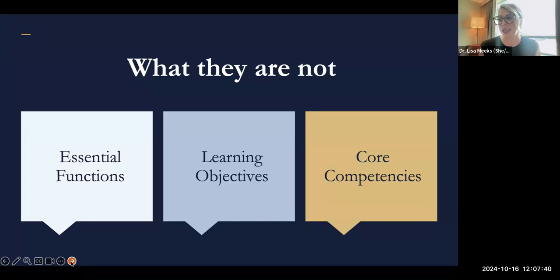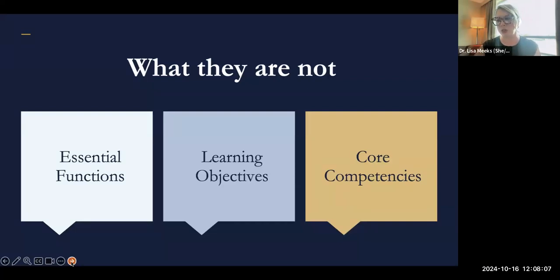Essential functions are the fundamental job duties that employees must perform with or without reasonable accommodations, and they are specific to a position and based on the work performed and not the employee's ability. While learning outcomes are measurable statements that describe what a student should be able to do, know, or value after completing a nursing course or a nursing program.